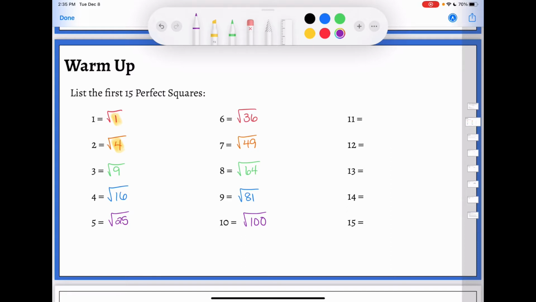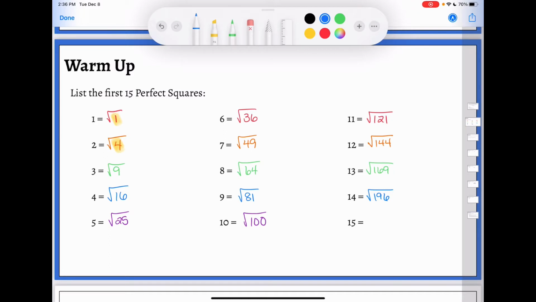These last 5 are maybe the ones that you didn't know so well, or maybe you knew a couple, but not all of them. So make sure that you have these written down. Look at them, memorize them if you can. The more you know these, the better. So 11 is the square root of 121. 12 is the square root of 144. 13 is the square root of 169. 14 is the square root of 196.